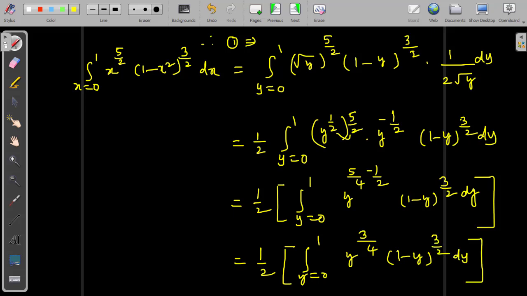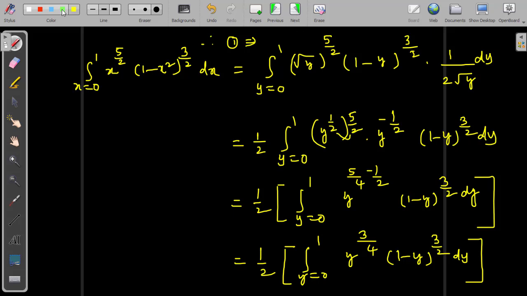So we cannot directly write this definite integral in terms of beta function or gamma function. We need to again rearrange this integrand in terms of the beta function definition. How do we rearrange? This could be rewritten like this.